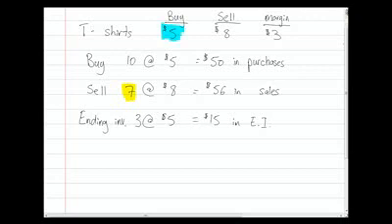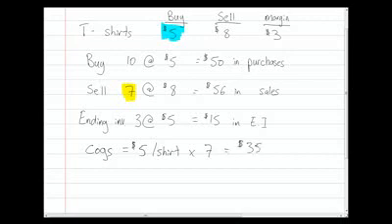We bought each t-shirt at $5, so our cost of goods sold, which I'm going to abbreviate by COGS, which is very common, is $5 per shirt times the number of shirts which I sold, which was 7. Therefore my cost of goods sold is going to be $35.